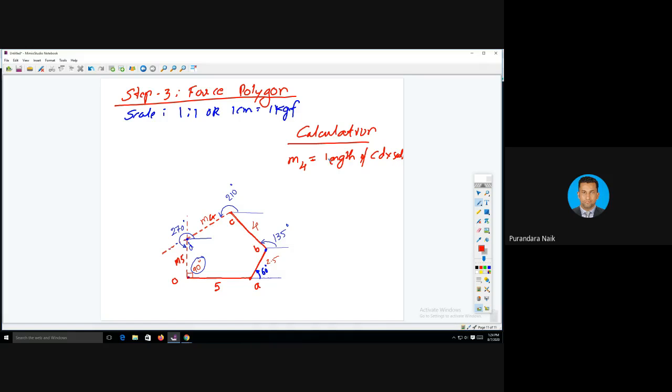If you measure, the length of CD is equal to 4 centimeter. You're getting 4 centimeter into scale 1:1. We will get M4 equal to 4 kg.